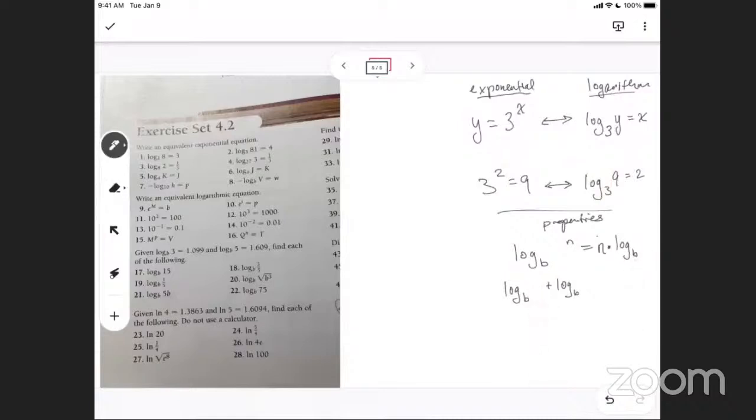So I'm gonna run into some problems. Log base b of x plus log base b of y equals the log base b of x times y. That's another property. Another property is the log base b of x minus the log base b of y equals the log base b of x over y.